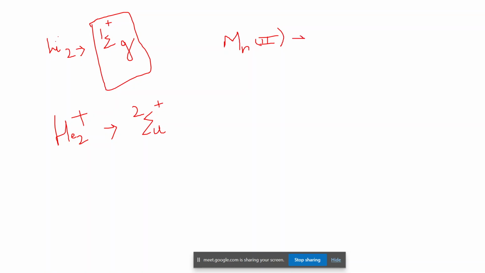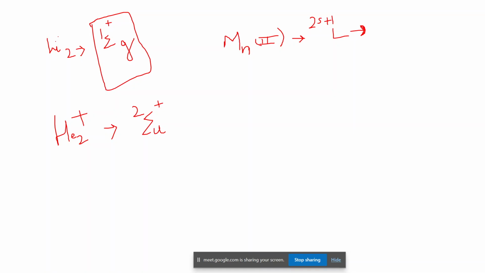Mn2 positive. Just tell me the value in terms of 2S plus 1 and the ground term. So what will be the value?